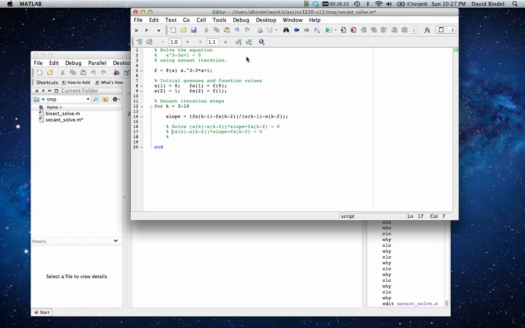So first thing we do is to move our f of x k minus 2 to the other side, so we subtract from both sides. Okay, and now we divide both sides by the slope. And now we add x k minus 2 to both sides. And voila, there's our expression.